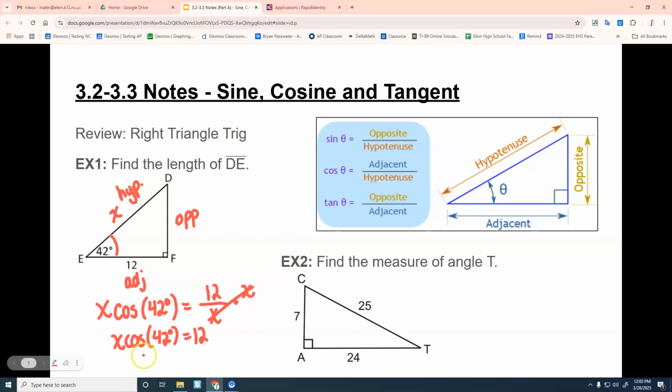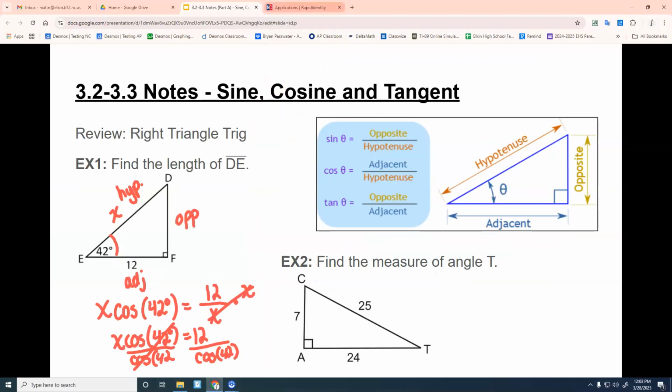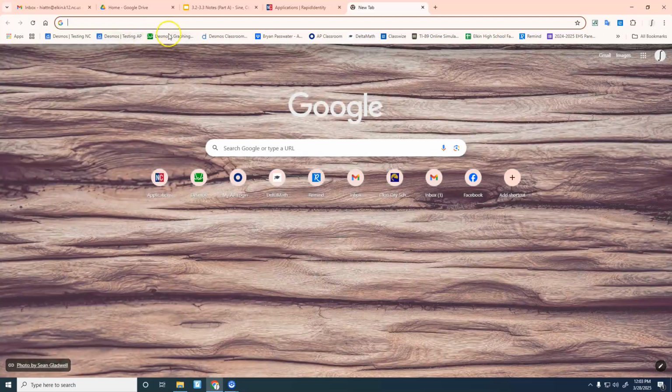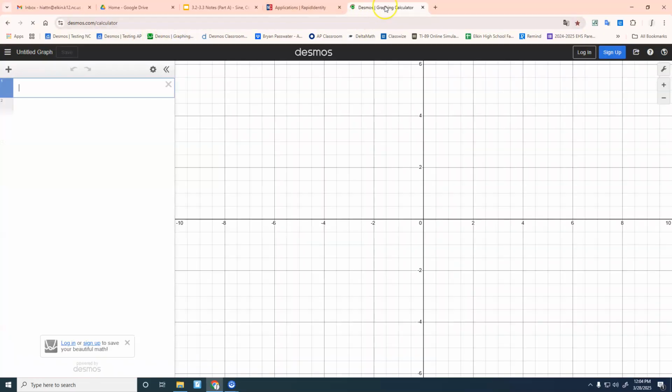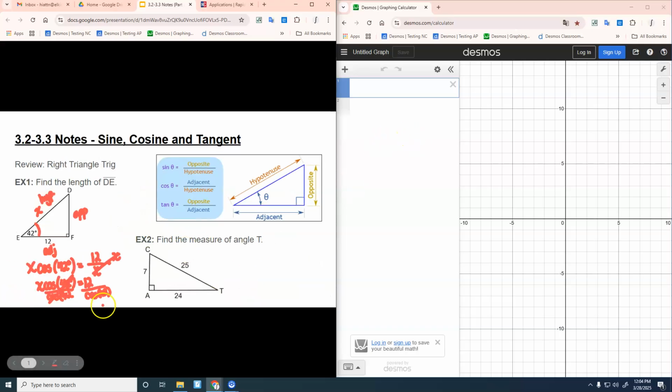But this is a number right here, so we're just going to divide it off. So x is going to equal 12 divided by cosine 42. Now you won't have to do this much because our entire exam is going to be in radians instead of degrees. But right now we had cosine of 42 degrees.